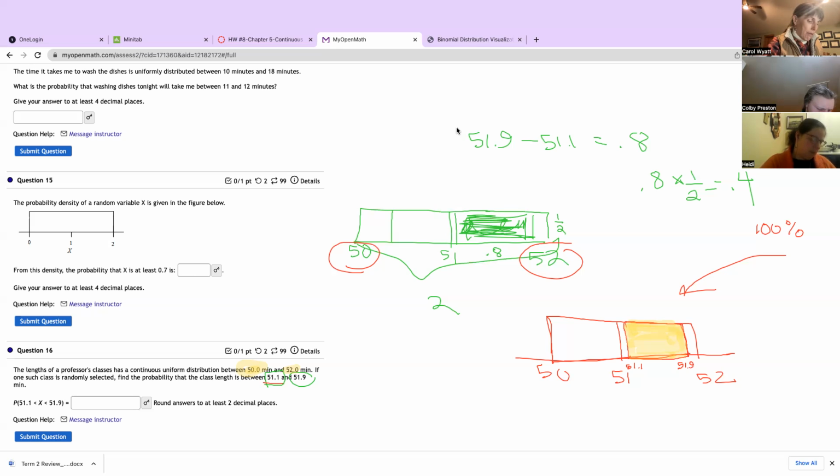Okay. Sorry, I have been going through everything since I lost my notes. So it's 0.05. Yep, 0.05, and that should be your answer.